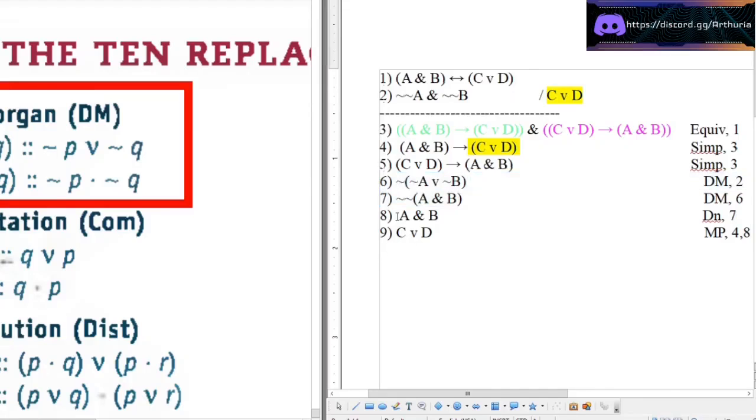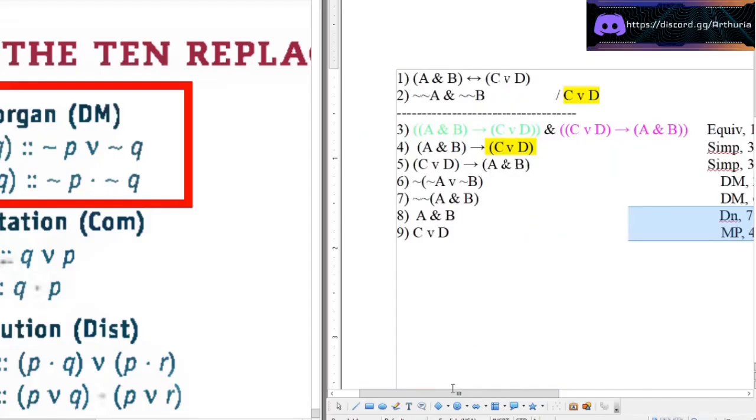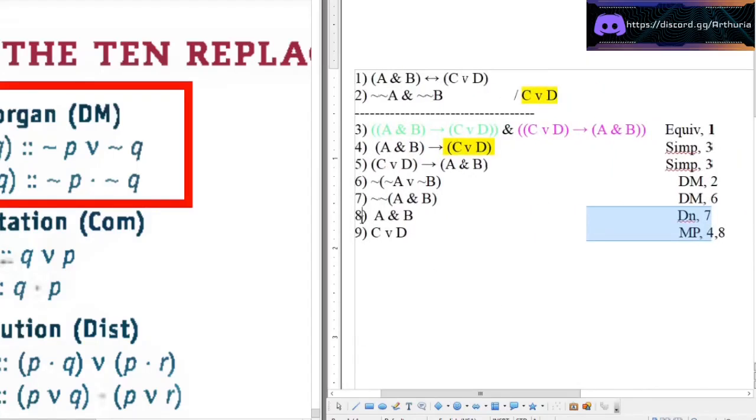It does seem, however, that there has to be a double negation somewhere, and then there has to be this modus ponens. It seems like these are the 2 necessary steps to solve this, as well as originally breaking up the if and only if statement, the biconditional.